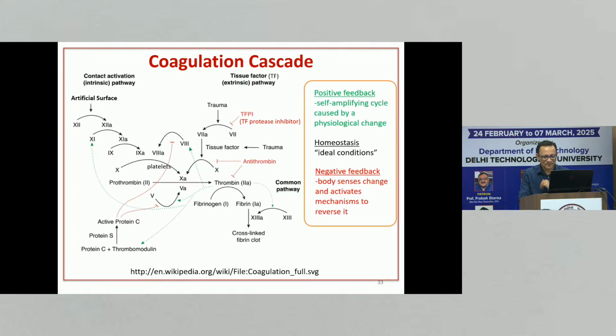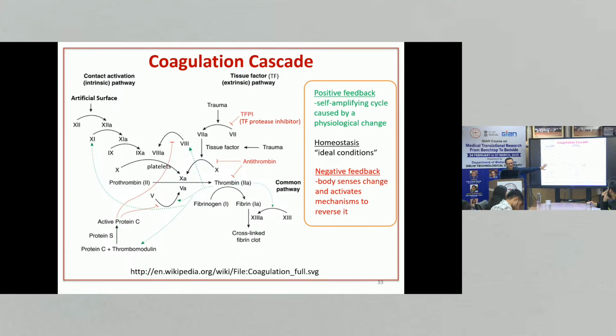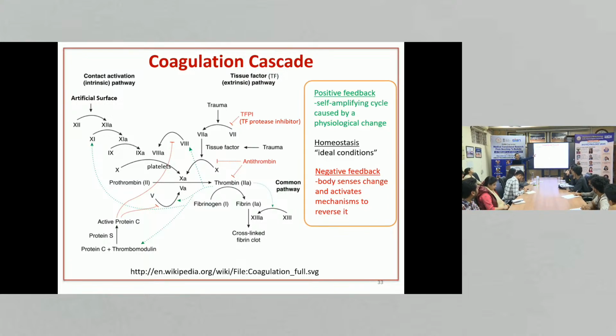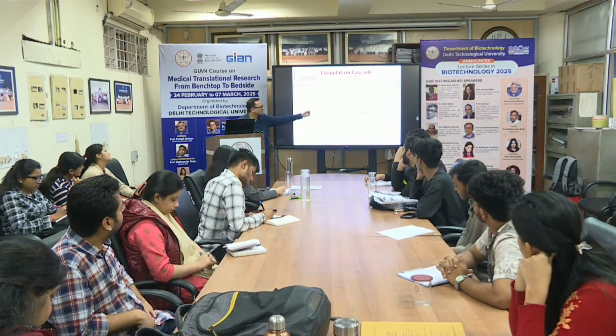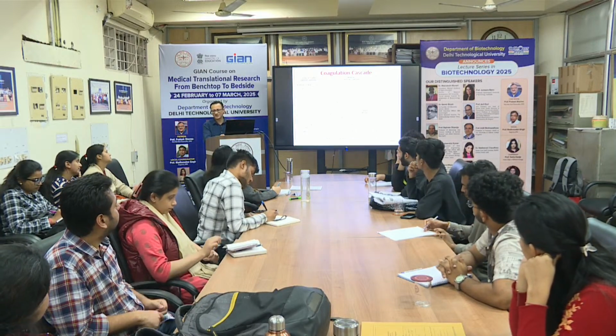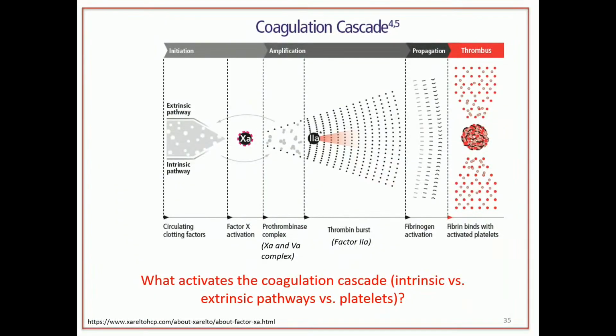Okay, so if somebody does not have 12, or has low 12, clotting can still happen, I think. But 11 is important, and that's why it's one type of hemophilia. 8 is important and 9 is important. Those are for hemophilia. Okay, so this is just to give you an idea of what happens.